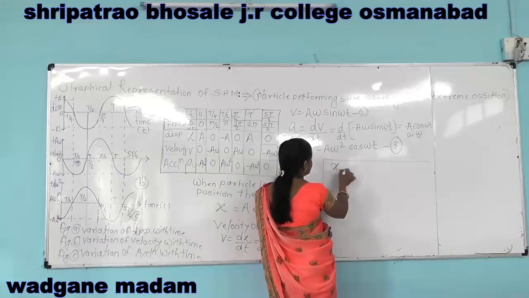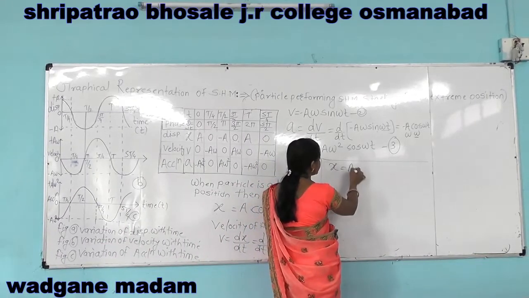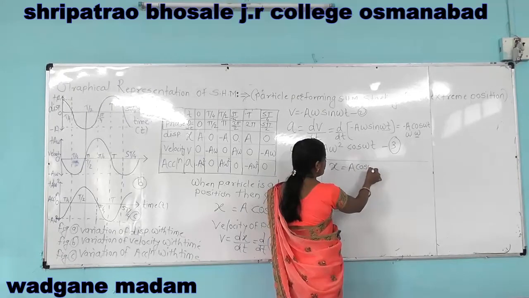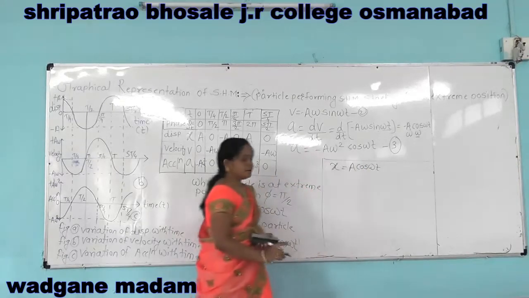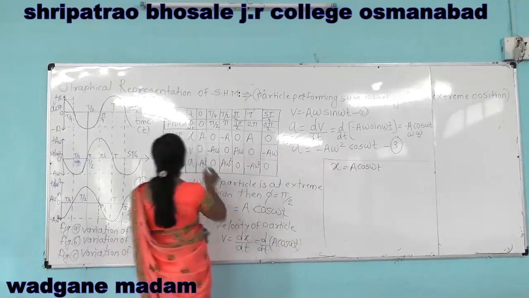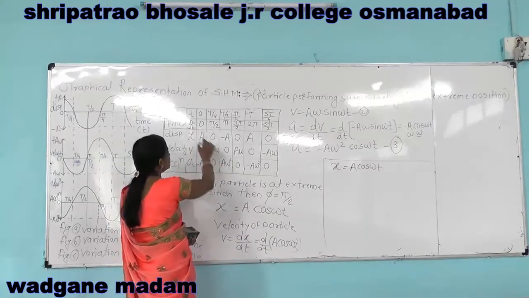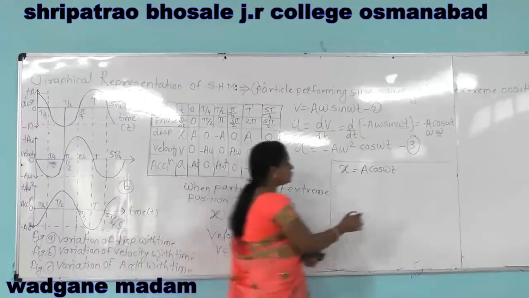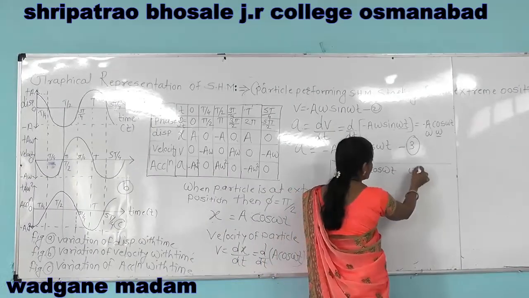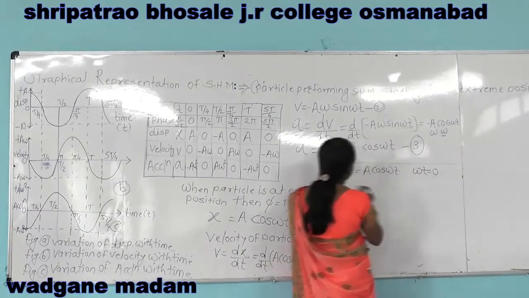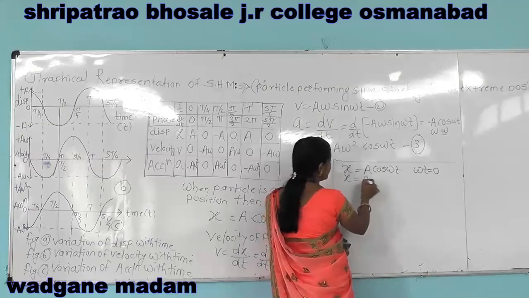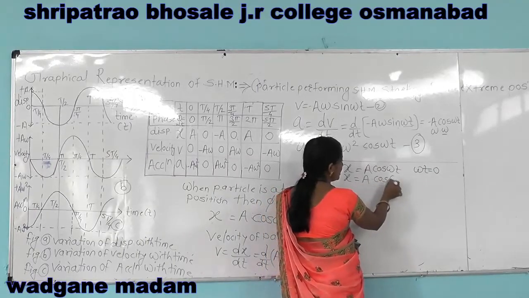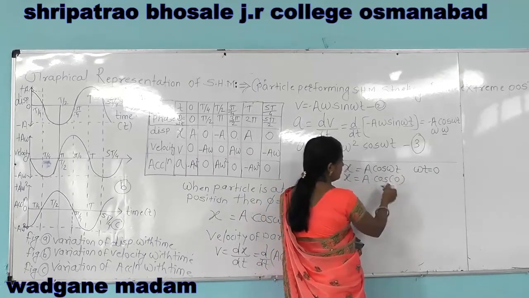We know the expression for displacement is x is equal to a cos omega t. Here we consider theta is equal to omega t, and at t equal to 0, omega t is equal to 0. Then x is equal to a into cos of omega t, that is, cos 0.